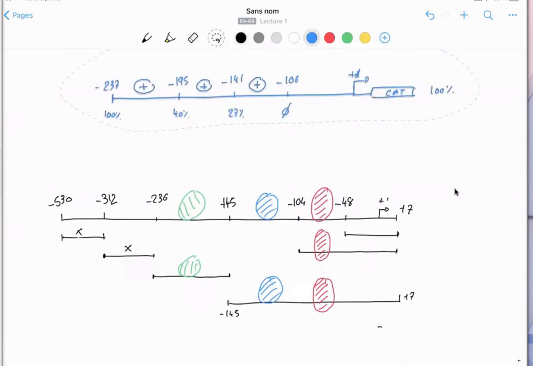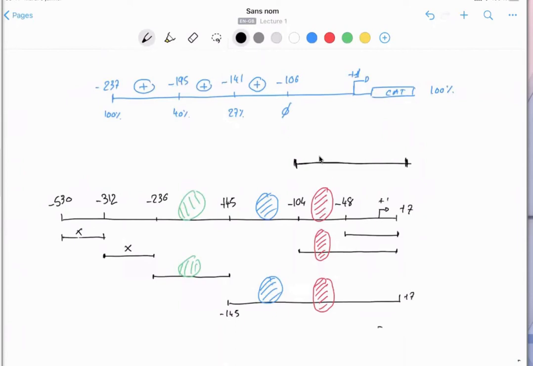So it means that we use this fragment as the probe. We know that there is a protein that is able to bind here. If we use the same fragment as a competitor, the complex formation disappears.